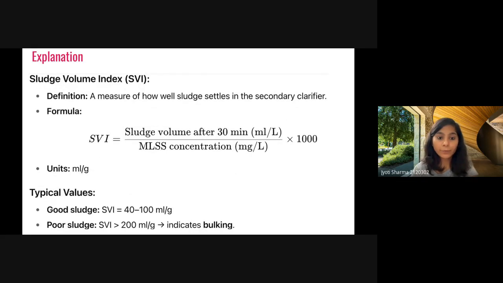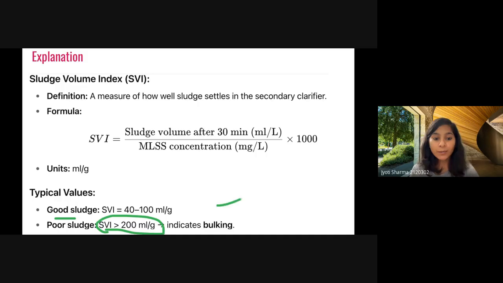Here, we talked about this. The good sludge is when we do have SVI in the range from 40 to 100. But when we have more than 200 milliliter per gram, then this will create the bulking.